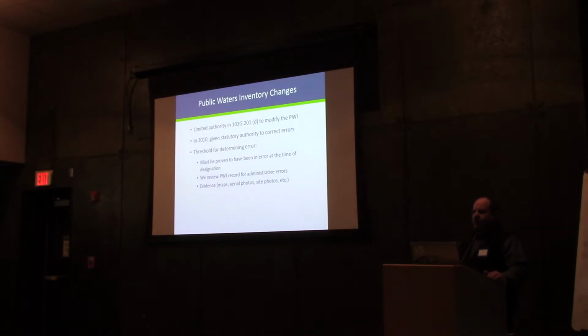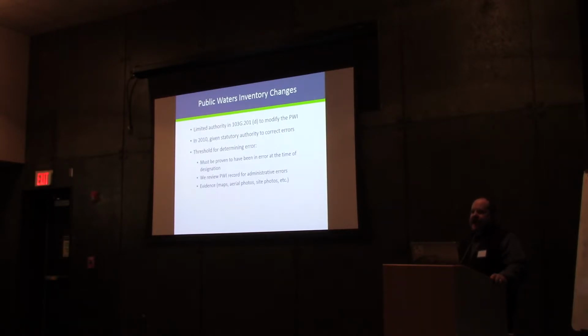We'd say, well, we'll help you, but you need to provide evidence that in 1981, or whatever the year was, that wetland did not meet the definition of a public water. So it's a pretty high standard to demonstrate that there was an error. We're looking for historical evidence: maps, aerial photos, site photos, plats, whatever people can dig up to make their case.